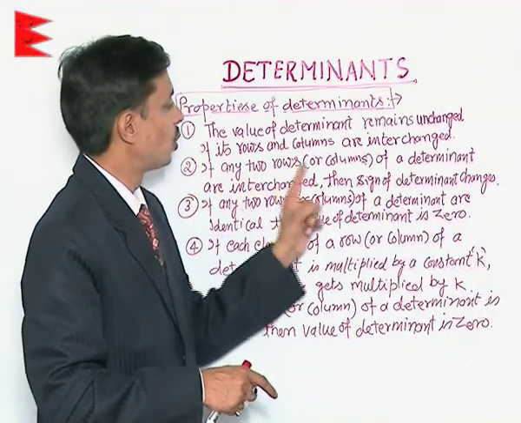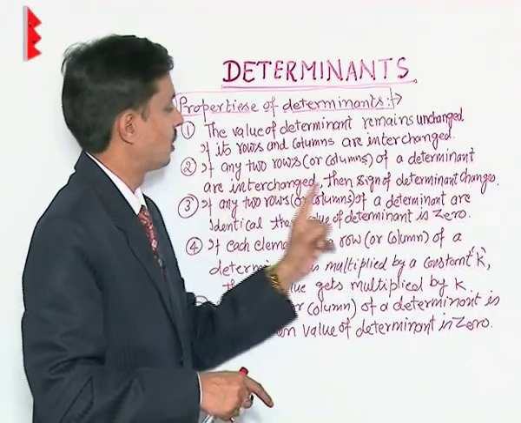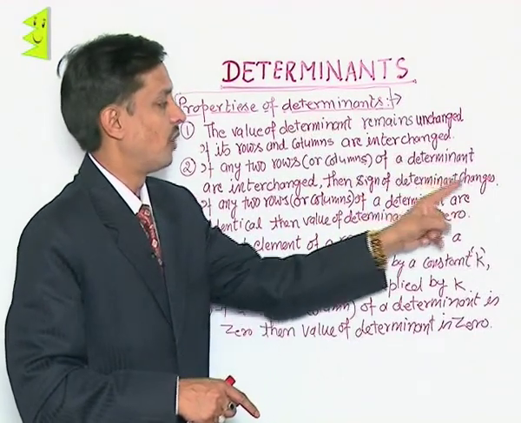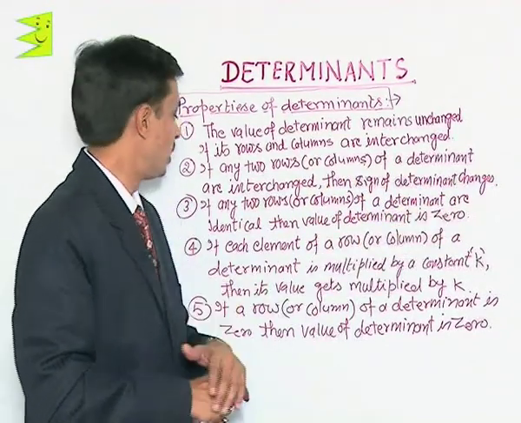If any two rows or columns of a determinant are interchanged, then the sign of the value of the determinant will get changed.